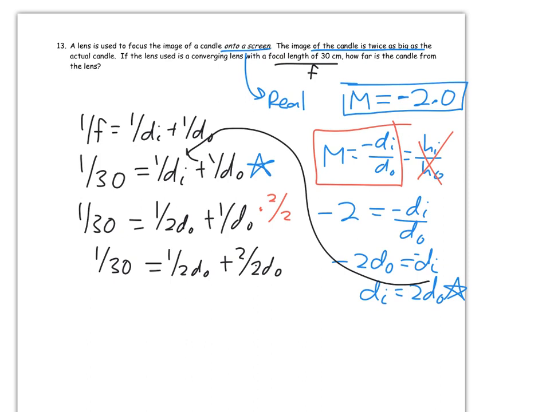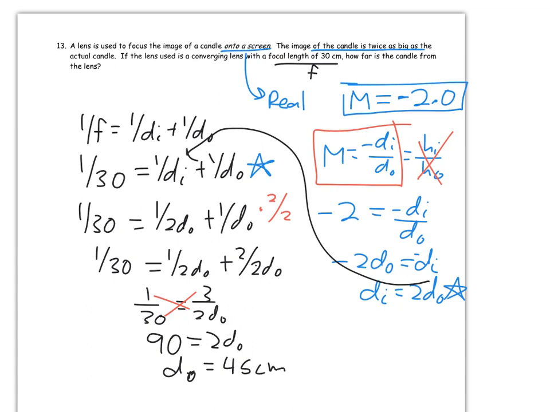And then when I add those fractions, I get 1 over 30 is going to be equal to 3 over 2 do. Go ahead and cross multiply from here, and so I end up getting 90 equals 2 do. So do, which is all I was solving for, how far the candle is from the lens, is going to just be 45 centimeters.